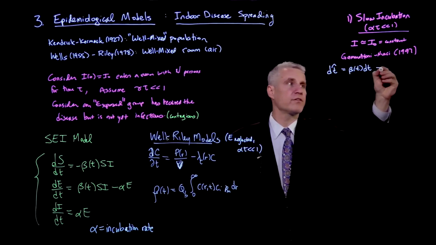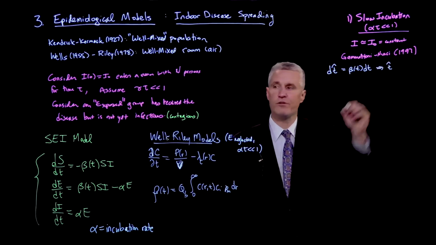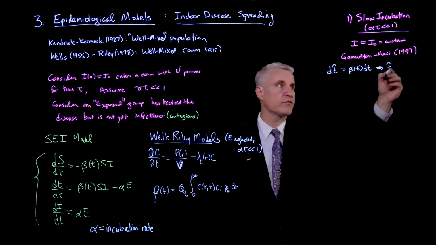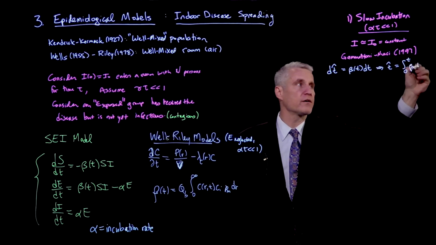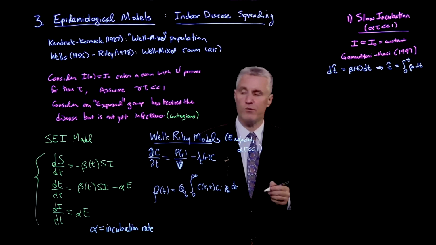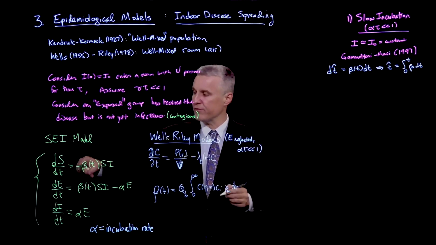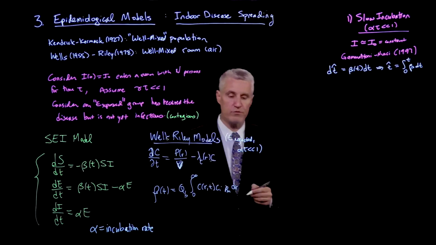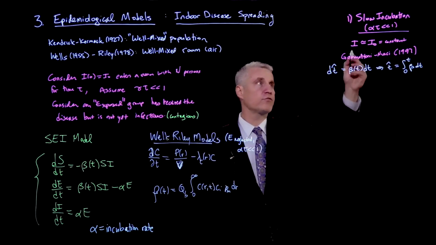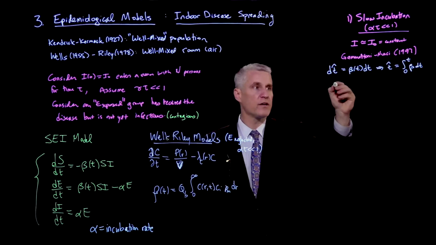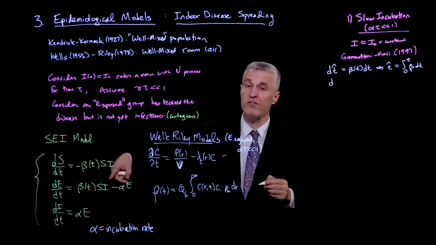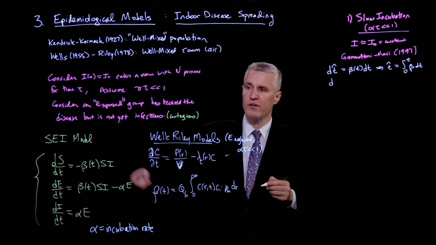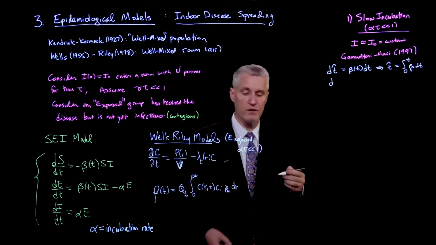When I integrate, I should switch to a new time variable, which is not just t, but the integral of beta dt. So that's a time-like variable. Once I do that, I'm essentially sweeping this into the derivative. And if I also assume that I is roughly equal to I naught, then I have a much simpler equation. I go from this nonlinear equation with time-dependent coefficients to something which is now linear.